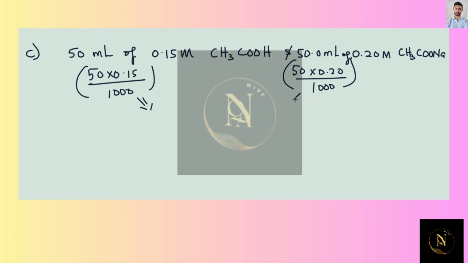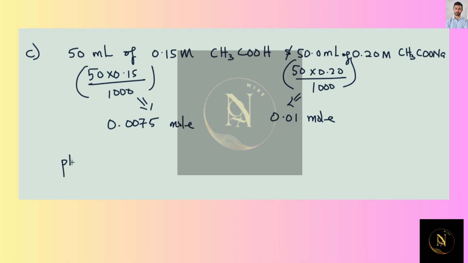So the number of moles of acetic acid will be 0.0075, and the number of moles of sodium acetate will be 0.01 mole.